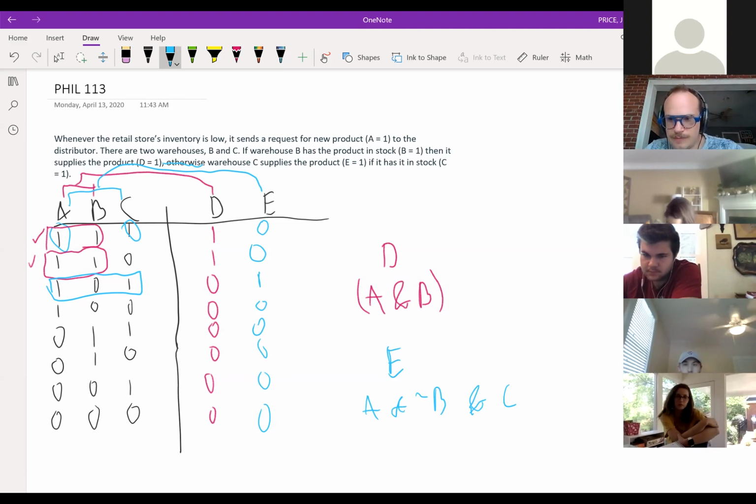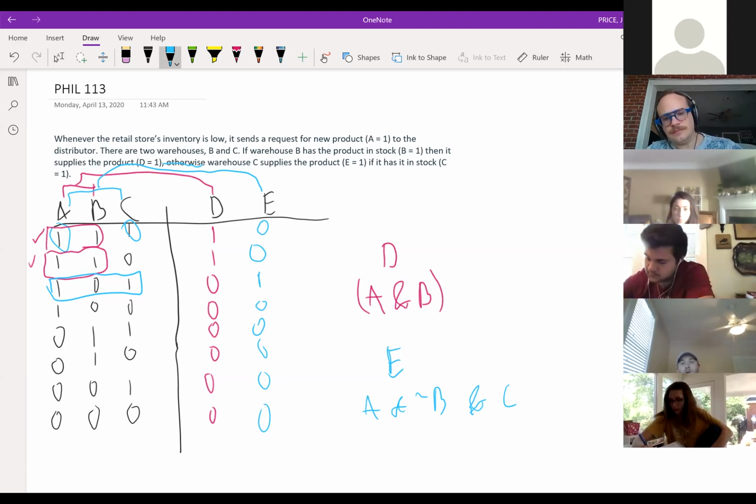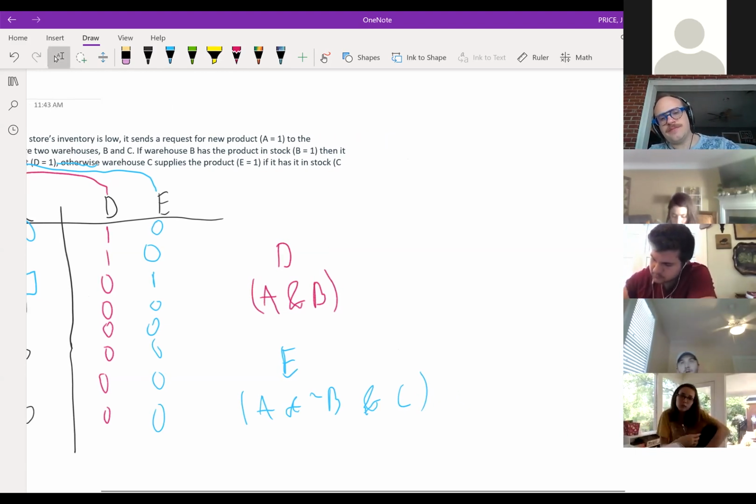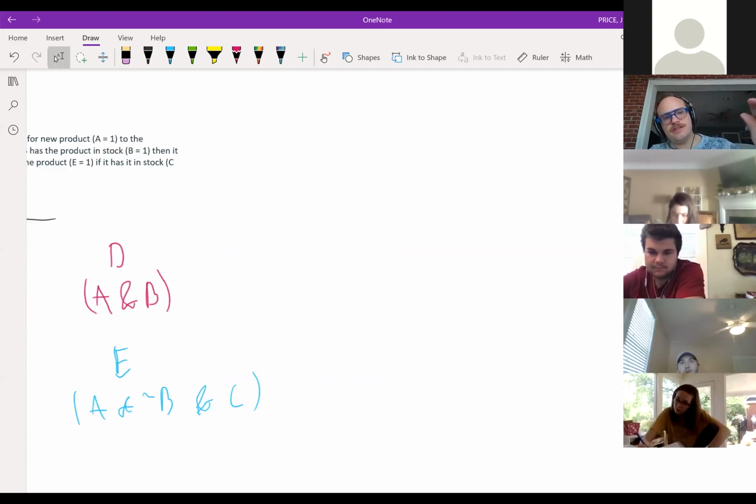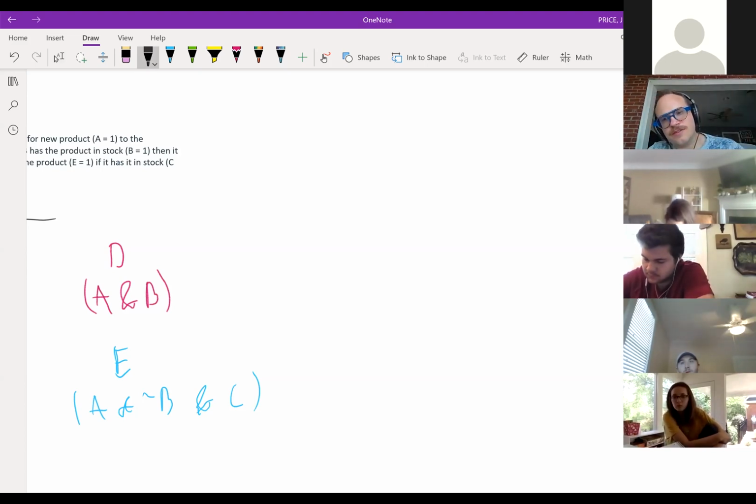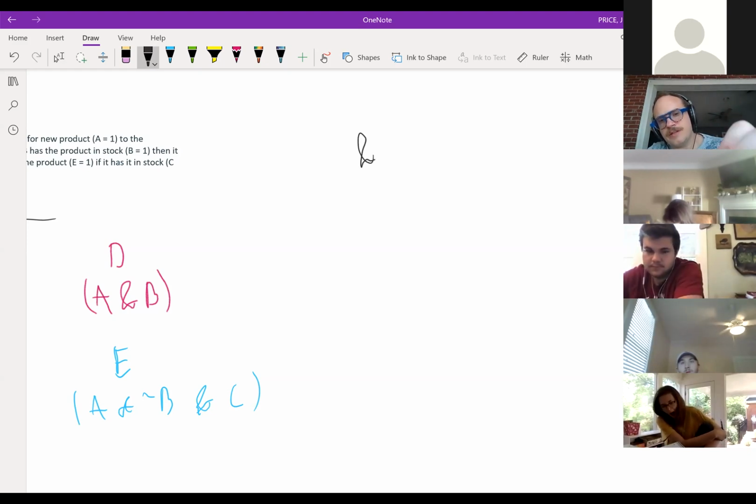All right. And then the next step is turning those guys into circuits. So this is a matter of translating from connectives to logic gates.